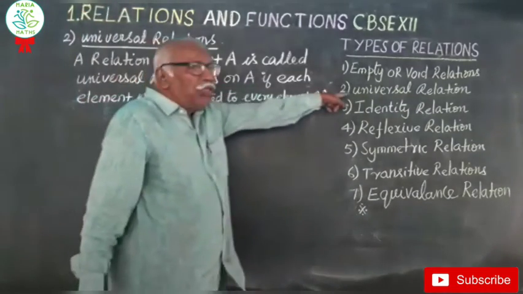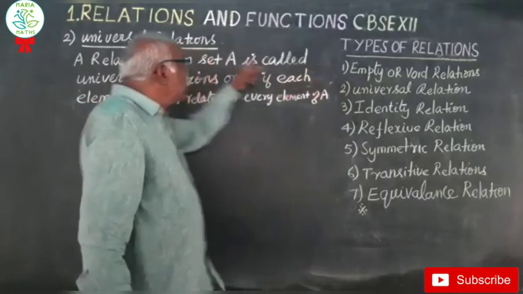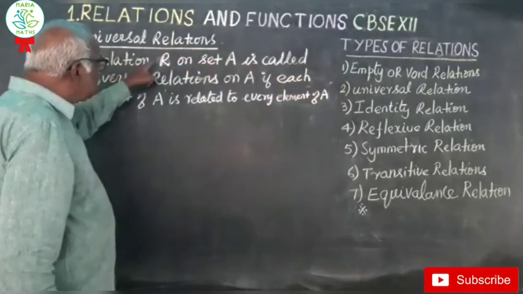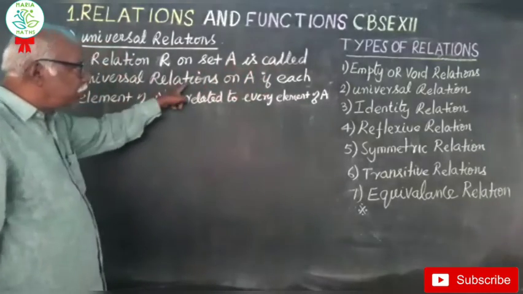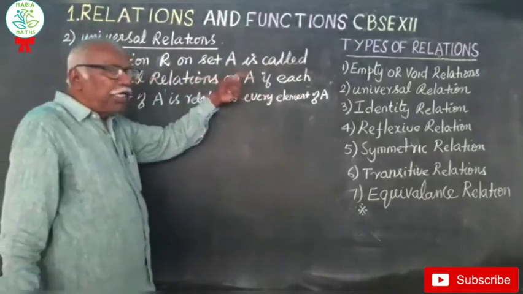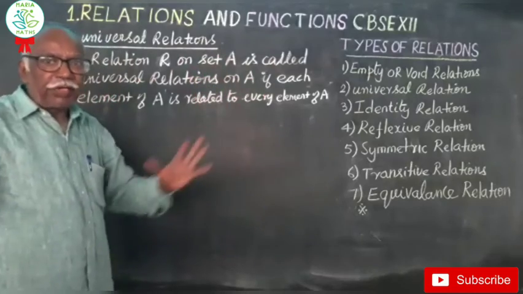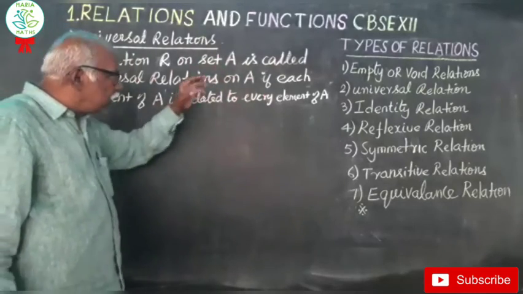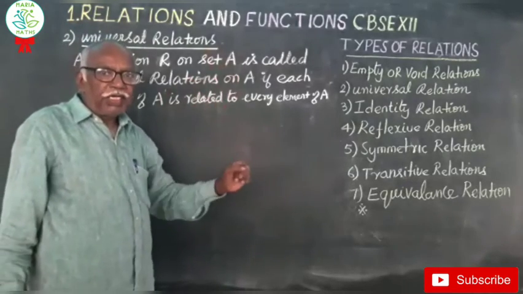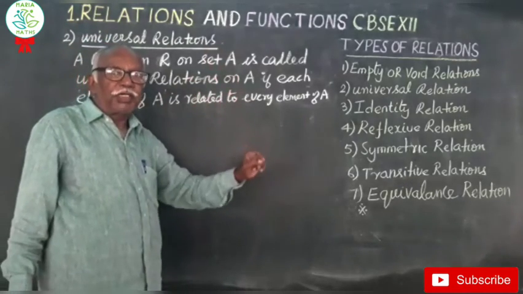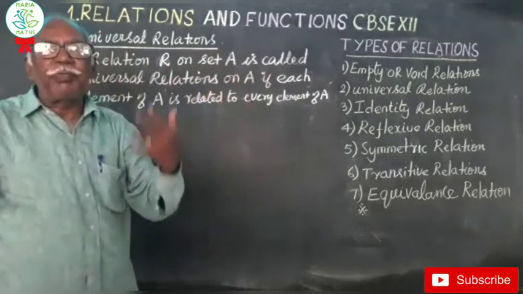Second one, universal relation. A relation R on set A is called a universal relation on A if each element of A is related to every element of A. It is the opposite of the empty relation.